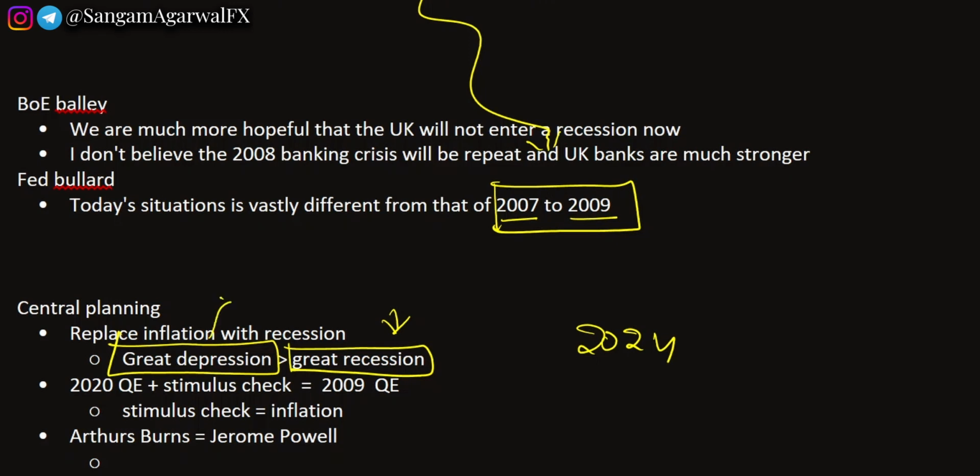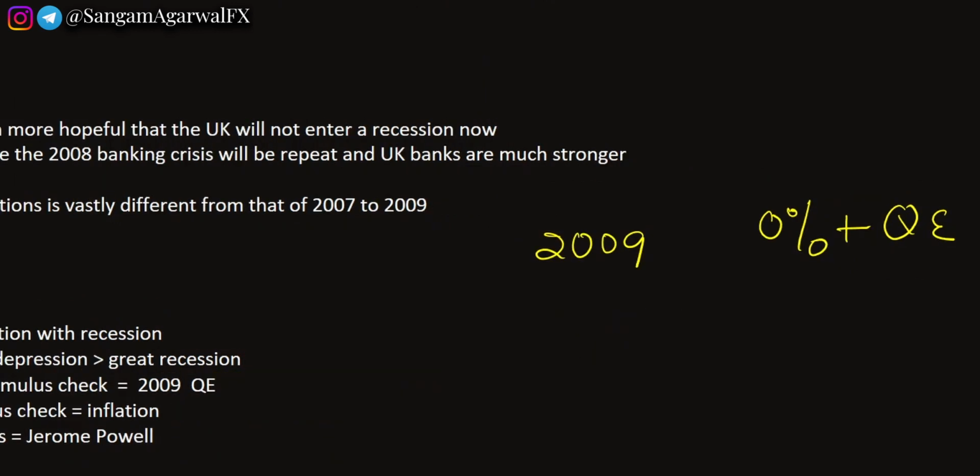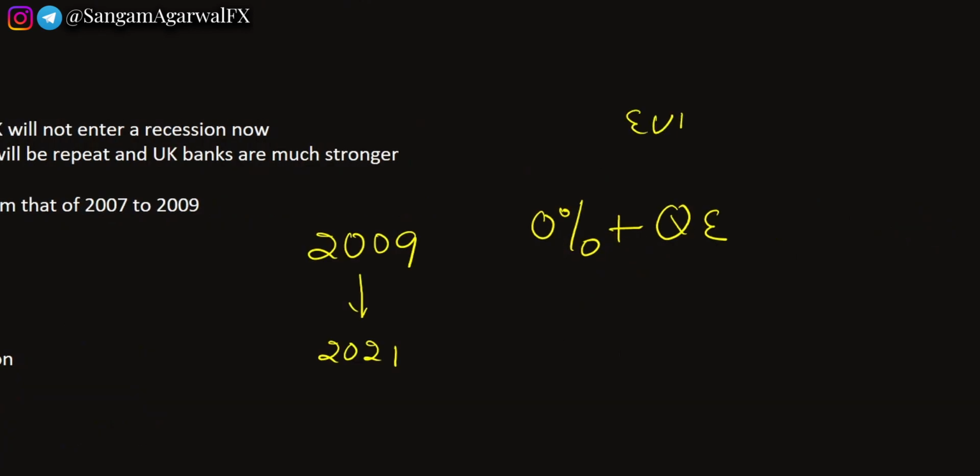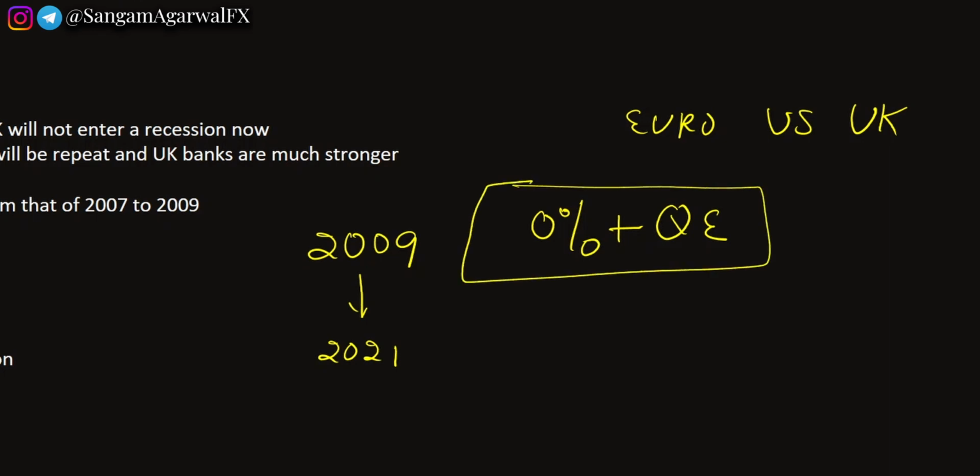And I think you will get a mini depression this time, because euro area inflation cannot be solved without depression. And basically you can see from 2009 to 2021, that is a very long time, these economies like the euro area, US and UK were running on 0% interest rate plus money printing, and that monetary policy has created a huge asset bubble, and they want to end that bubble.